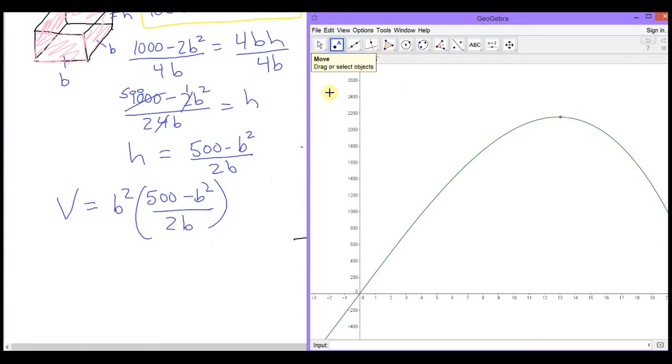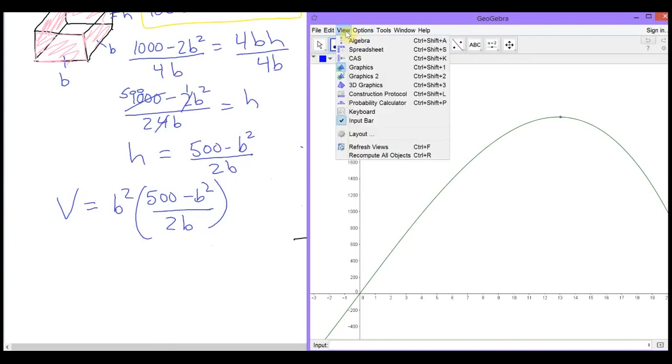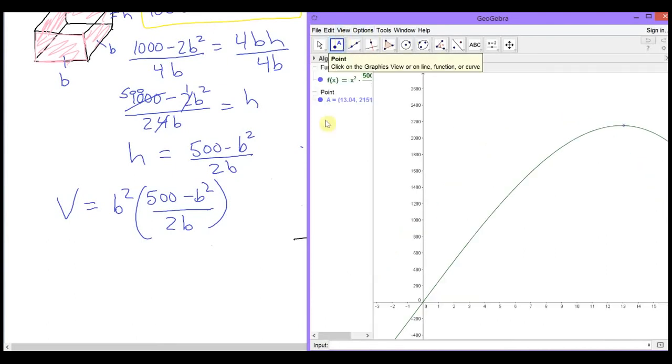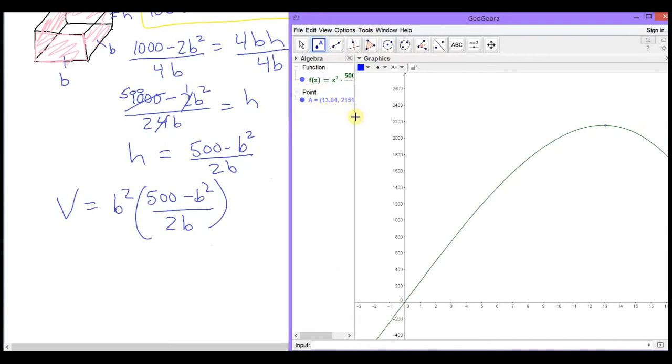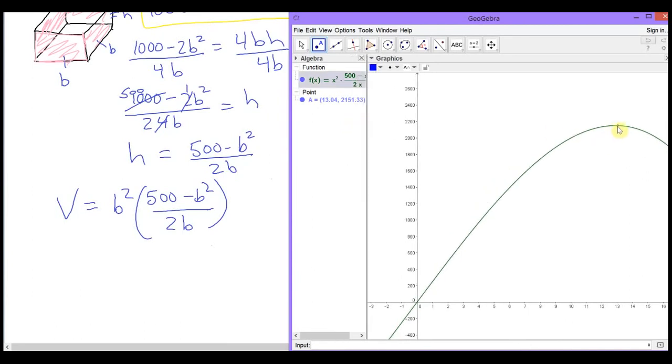I like to be able to see over here. We can see this point. Okay, what's the maximum? Just play with this point a little bit until we get a maximum.